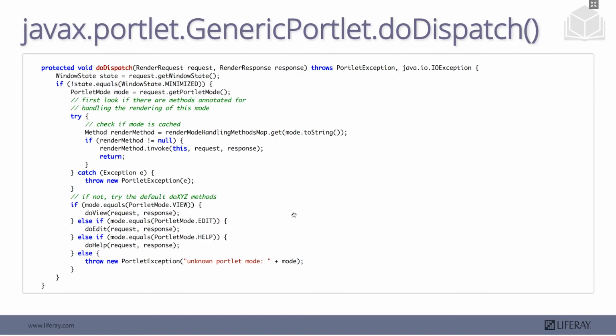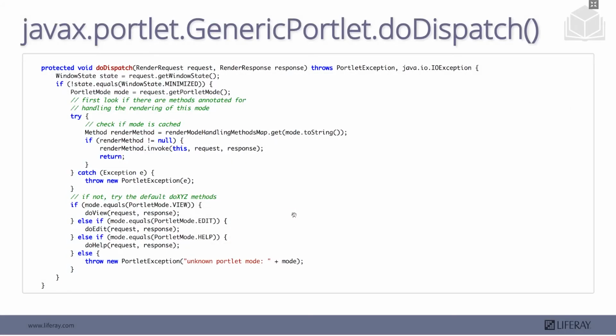Now the render method itself over in GenericPortlet can be a little bit complicated. So the long story short here is most of the time when we call the render method, the doDispatch method is what's going to be called afterwards. There's a couple of situations where that's not going to be the case, but most of the time, just to simplify this conversation, we're going to be calling doDispatch afterwards.